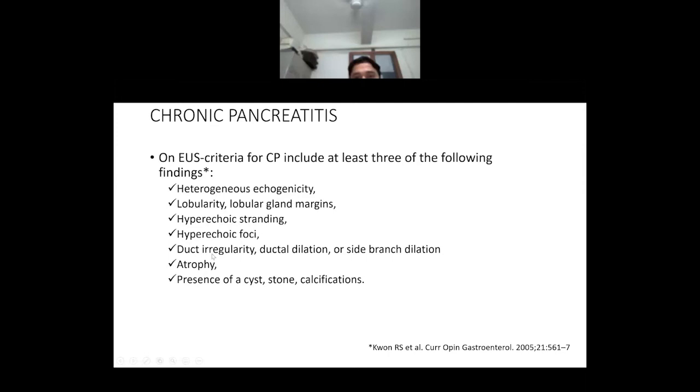chronic pancreatitis. Coming to autoimmune pancreatitis, it accounts for 4 to 11% of chronic pancreatitis. Up to 33% of autoimmune pancreatitis may present as a discrete mass mimicking pancreatic tumors.